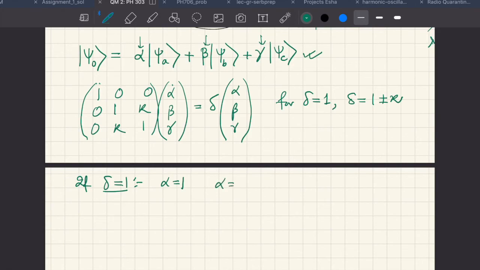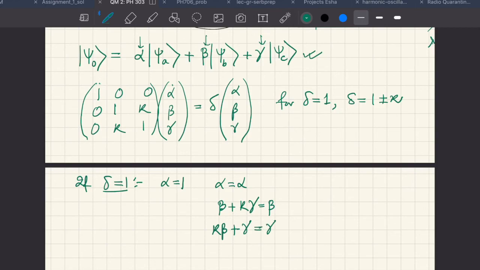So alpha equal to alpha, and then beta plus kappa gamma is equal to beta, and, sorry, rather it's kappa beta plus gamma is equal to gamma.